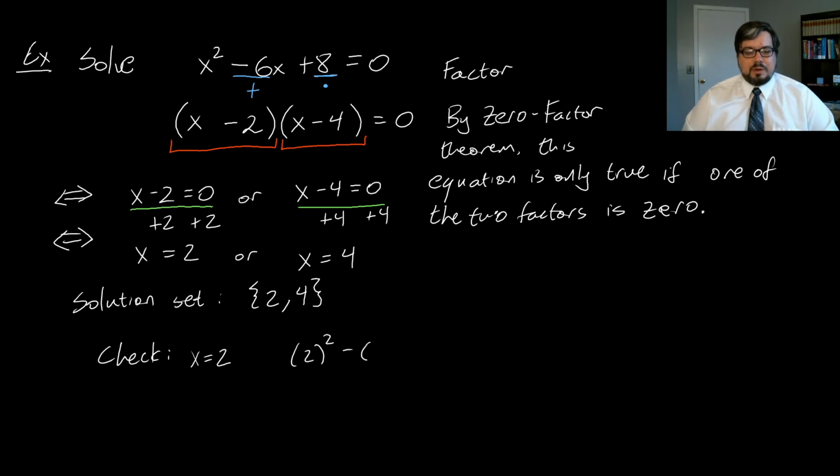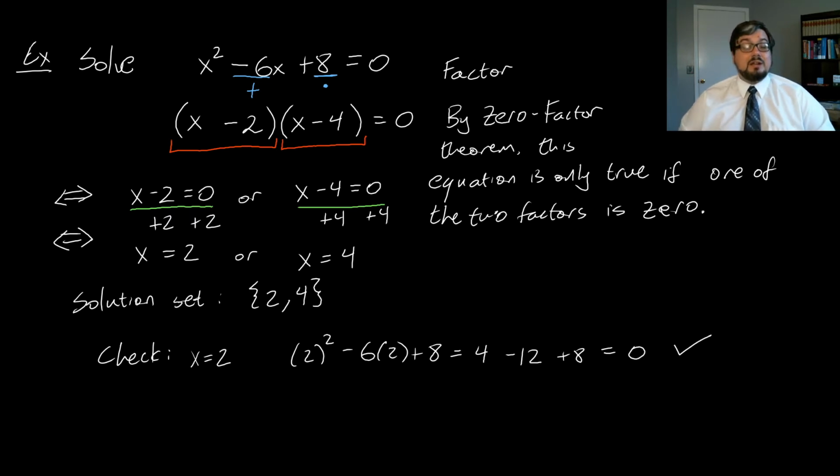We get 2 squared minus 6 times 2 plus 8. Let's simplify that down. That gives us 4 minus 12 plus 8. And 4 minus 12 is negative 8. Negative 8 plus 8 does in fact equal 0. So that checks out. If we plug 2 into the original equation, we do in fact get a true statement.